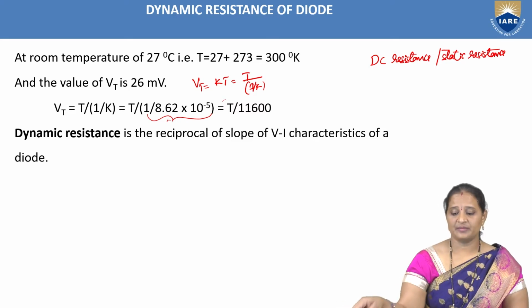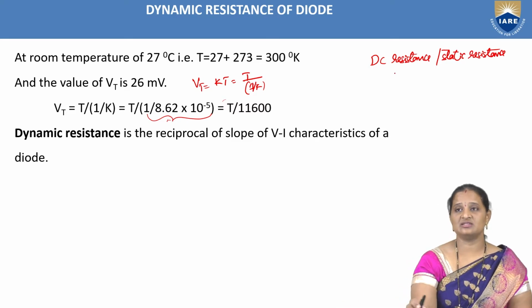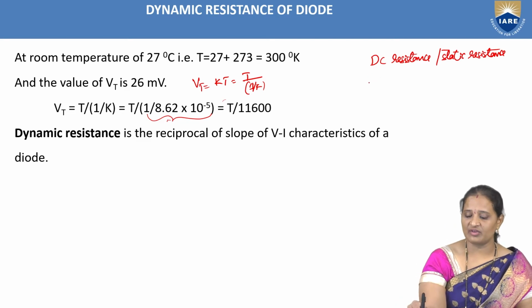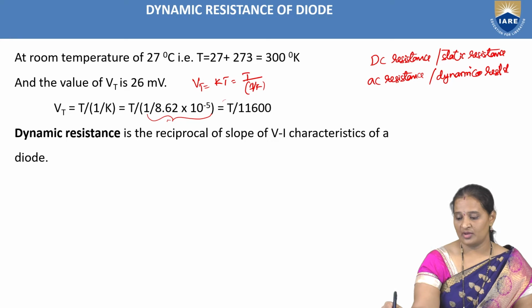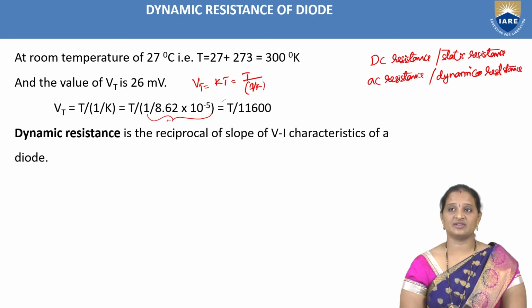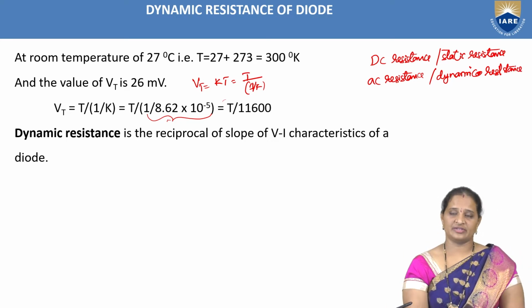The second one is AC resistance or dynamic resistance. These are the two resistances that we can calculate for a diode under both forward bias and reverse bias condition from the characteristic curve.